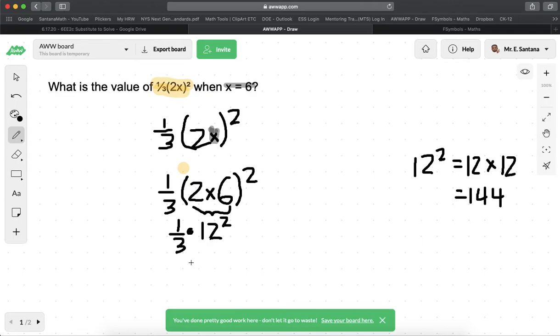So this becomes 1/3, that stays the same, that we didn't do anything with, times 144.